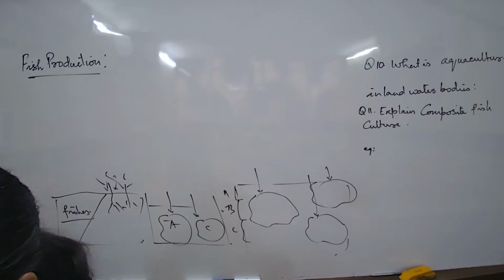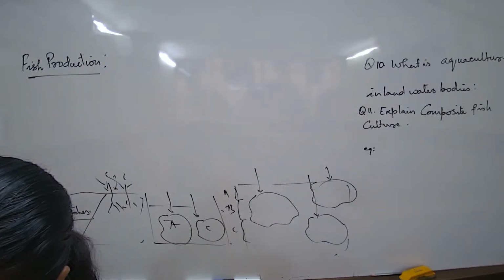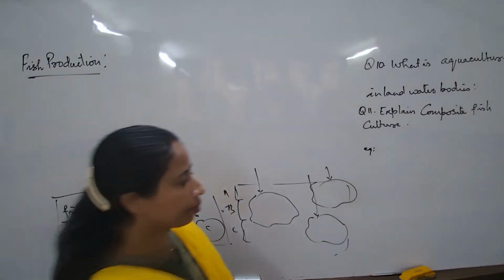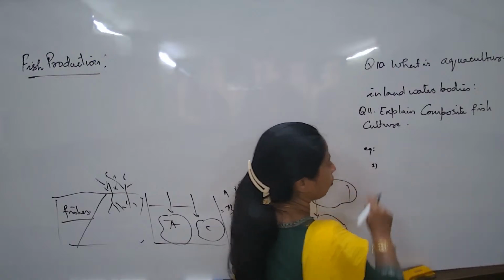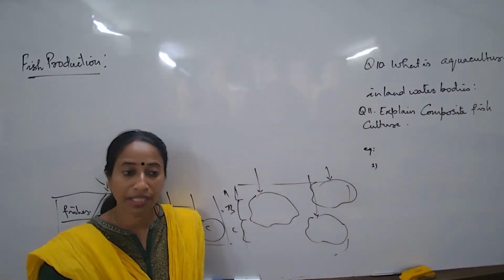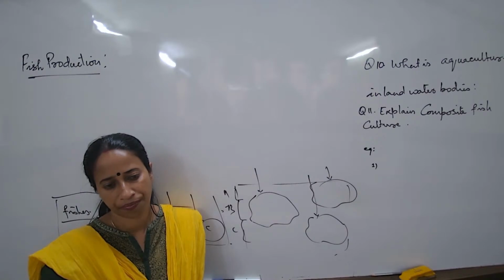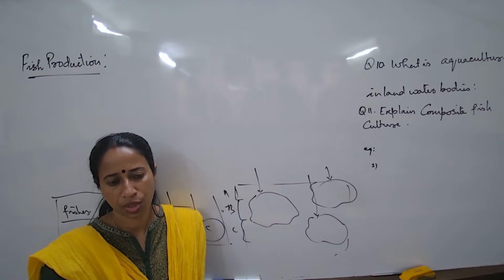The fish species selected should be, put a dash, number 1, should be having different nutrient requirements.